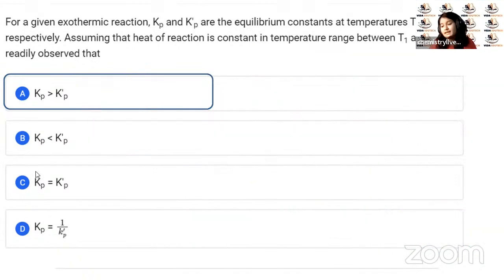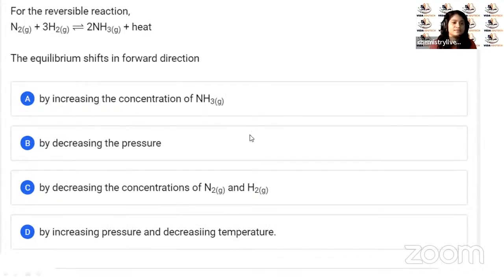Let us move on to the next question, children. We have again seen what Le-Chatelier's principle is and how it works. So apply Le-Chatelier's principle here and tell me the answer.